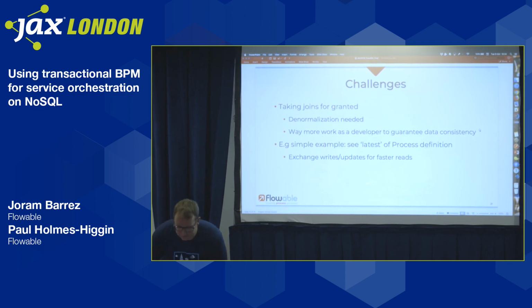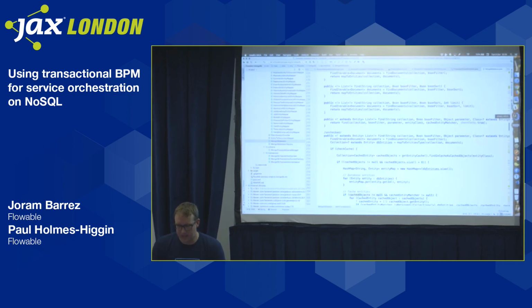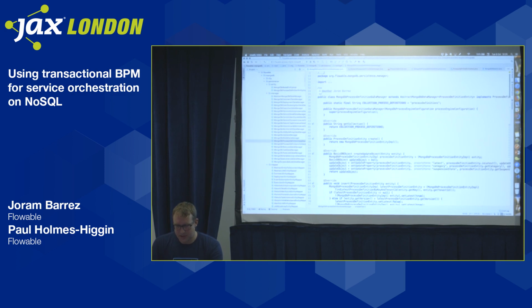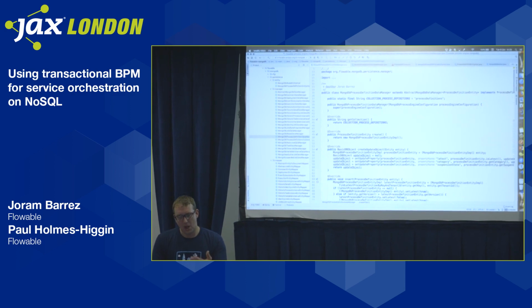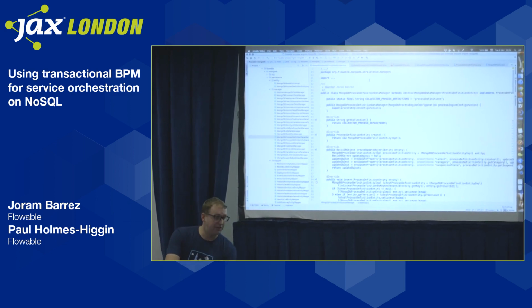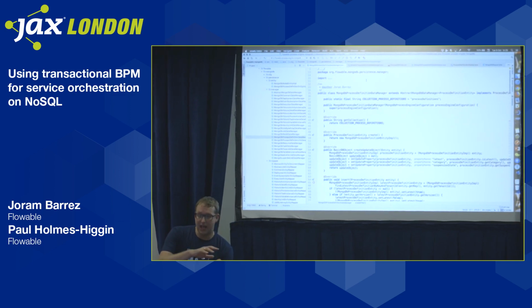A very simple example of that join kind of thing is, remember that I told you about that start process instance. Here we go. I told you about that start process instance on the runtime service. So actually just starting a process instance. Well, what it does behind the scenes, it actually fetches the latest process definition from the database, and it's going to use that.